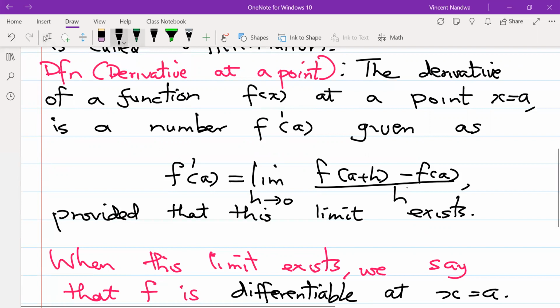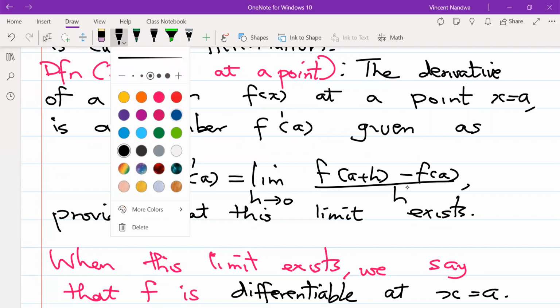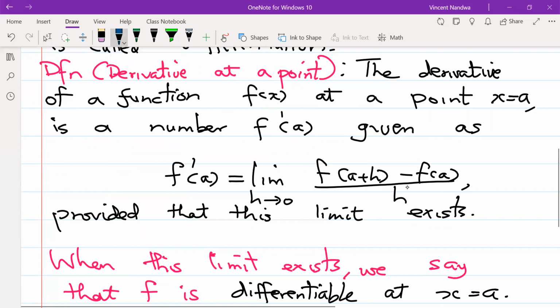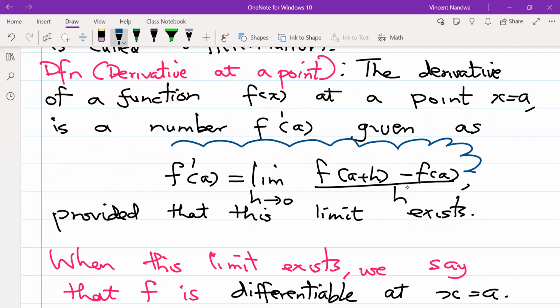When this limit exists, then we say that the function f is differentiable at x equals a. While in the other case, when the limit does not exist, then we say that the function is not differentiable.